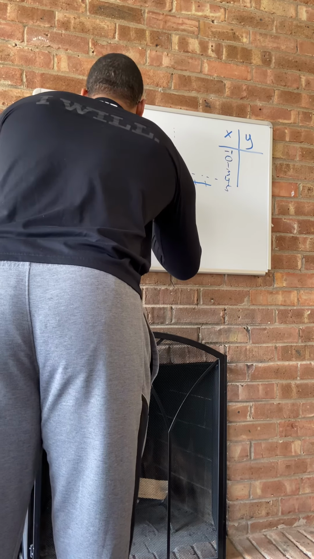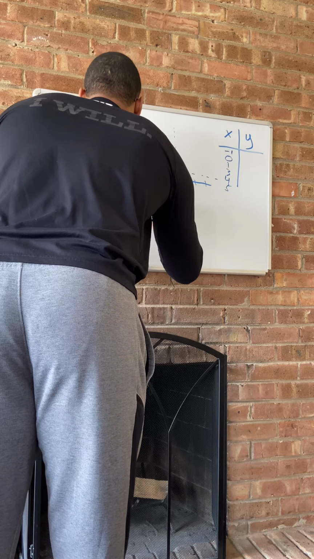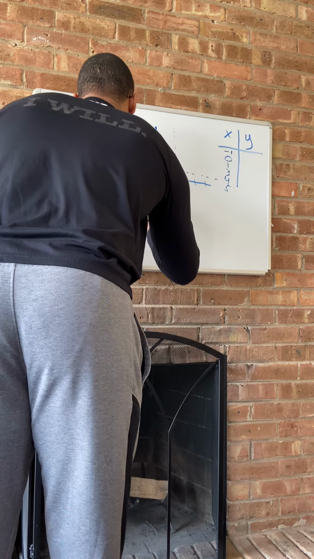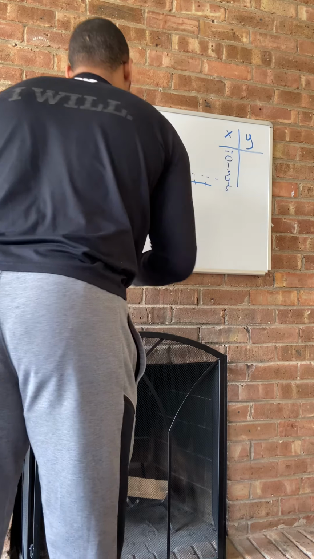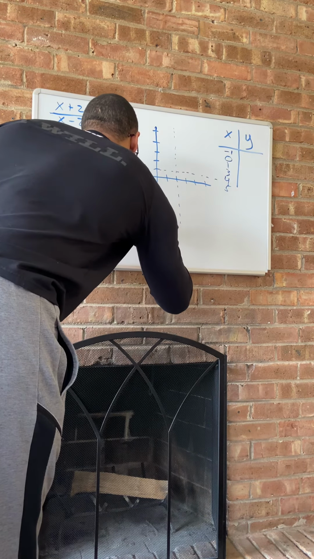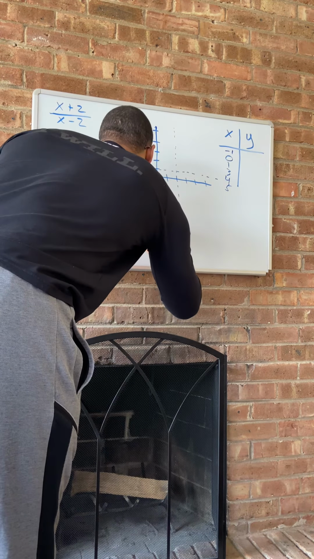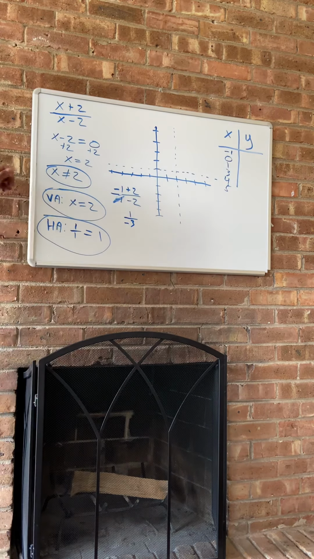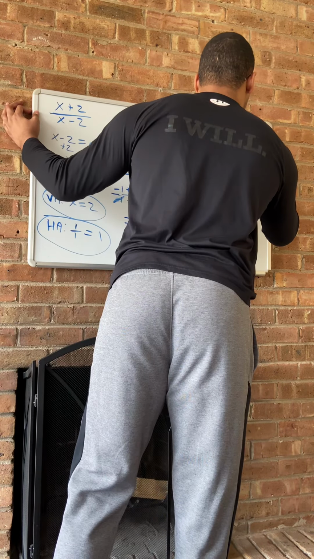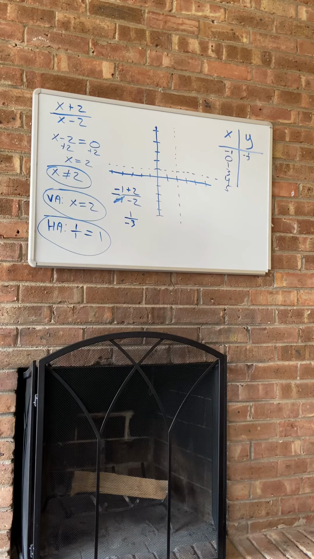So I have -1 plus 2 over -1 minus 2. -1 plus 2 is positive 1. -1 minus 2 is -3. So this y value would be -1 over 3.